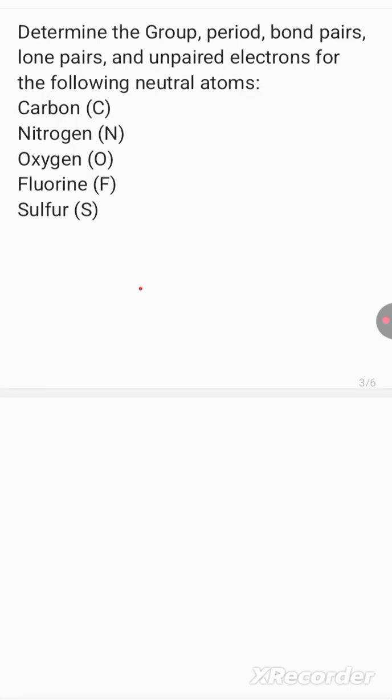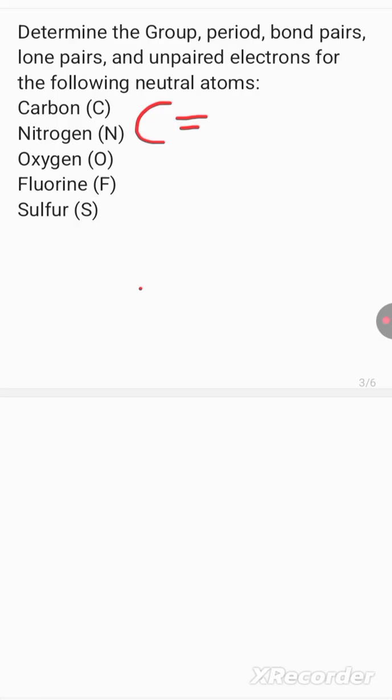The first element that we have here is carbon. Carbon has the atomic number of 6 if you count from the element 1 to 20, or from 1 to 30. The counting number corresponds to the number of electrons of that particular element.